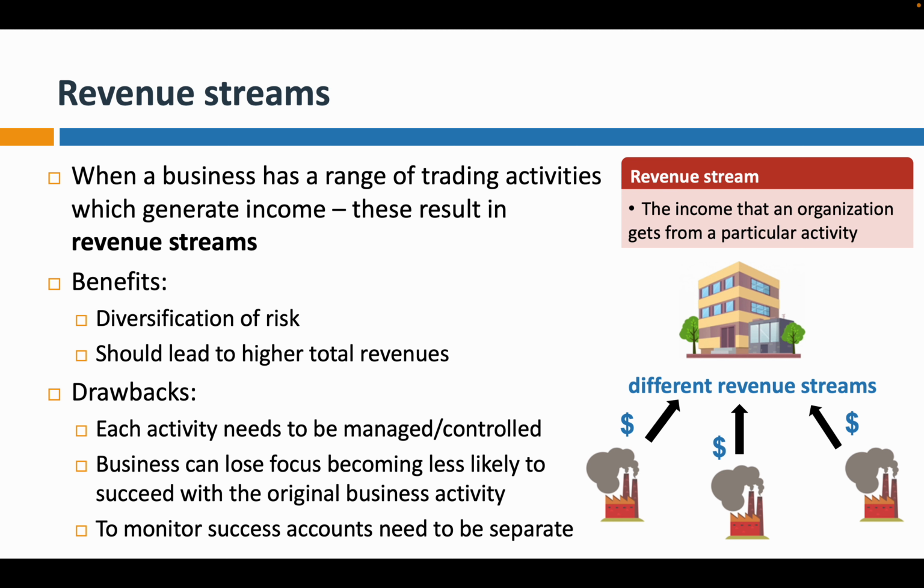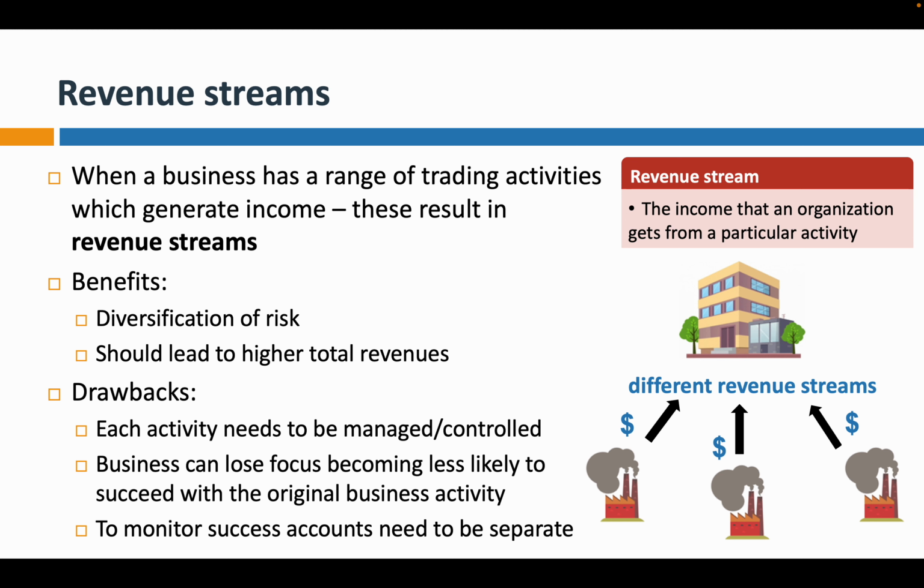There's a benefit of having more trading activities, and that's the diversification of risk. If I have more products, I'm diversifying my portfolio. If I'm producing in even more industries, I'm even better at diversifying my portfolio as a business. Another benefit is that it should lead to higher total revenues.